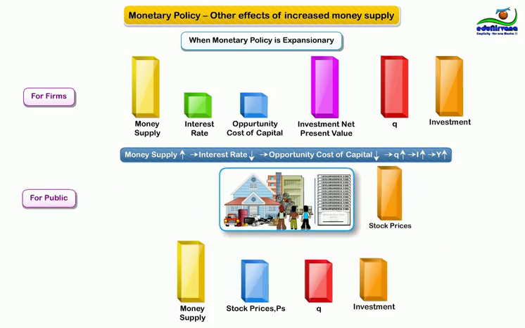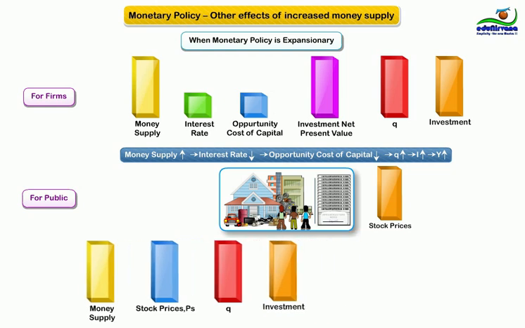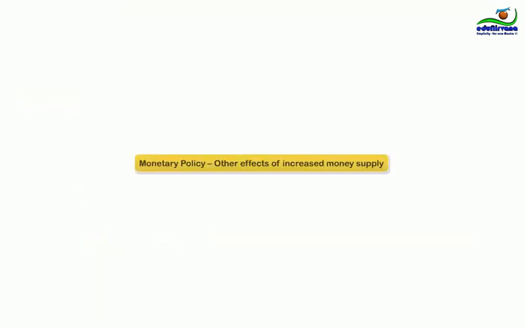Combining this with the fact that higher stock prices, that is PS, will lead to a higher Q and thus higher investment spending I leads to the following transmission mechanism of monetary policy. As money supply increases, price of stock increases. In result, Q increases, investment increases, and also aggregate output increases.